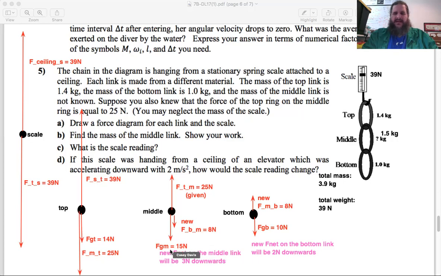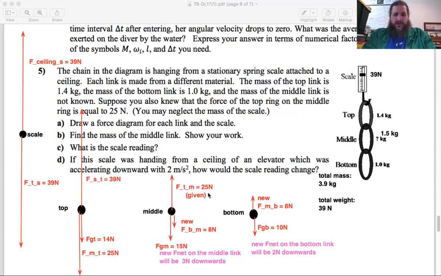If we've got 8 and 15, that's 23 downwards so far. How much upward force do we need to balance out the 23 downwards to get 3 downwards overall? Yeah, 20 newtons upward should work.